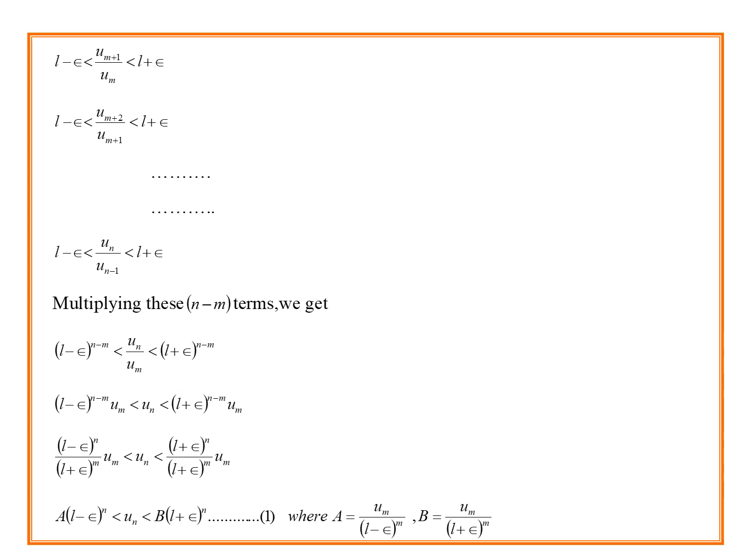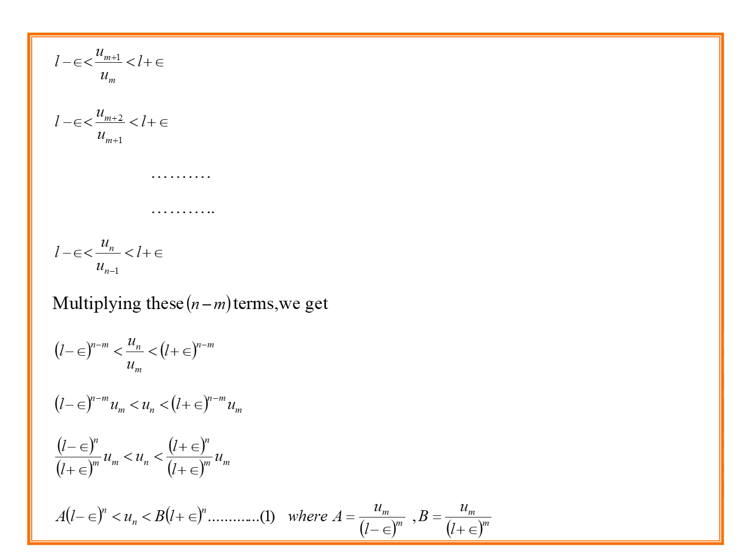We get L minus epsilon less than u of m plus 1 by um less than L plus epsilon, L minus epsilon less than u of m plus 2 by u of m plus 1 less than L plus epsilon, and so on, L minus epsilon less than un by u of n minus 1 less than L plus epsilon.